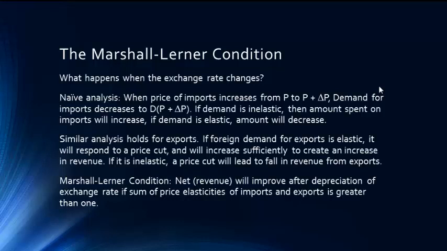And similarly, if the demand is elastic, then when the price goes up, the amount that is sold will go down by a lot, and so the total revenue will reduce. So the Marshall-Lerner condition says that the sum of the price elasticities of demand for exports and imports should be greater than 1, and if that is so, then the normal thing that you expect to see happen will happen.